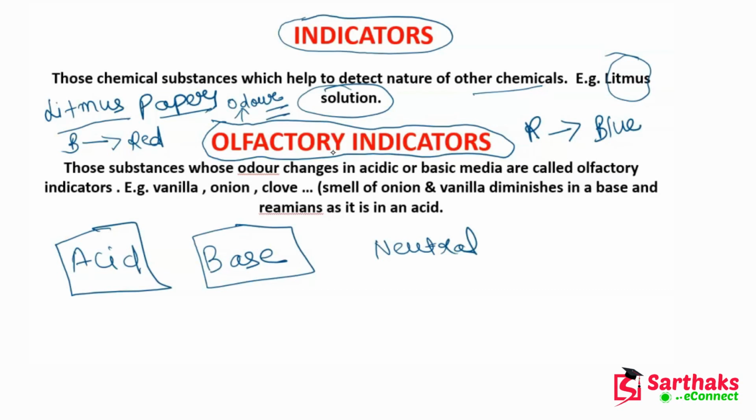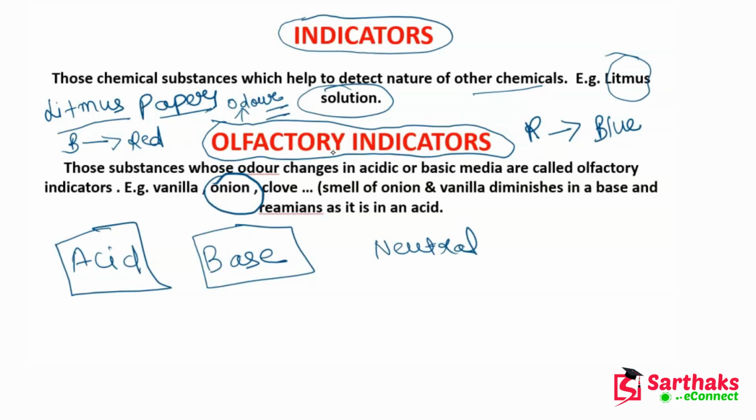For your clear understanding, I'm giving you an example of onion. If we take a paste of onion and mix this paste with an acid, then the smell of the onion paste will remain the same.